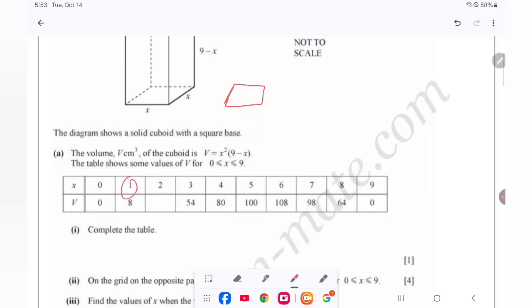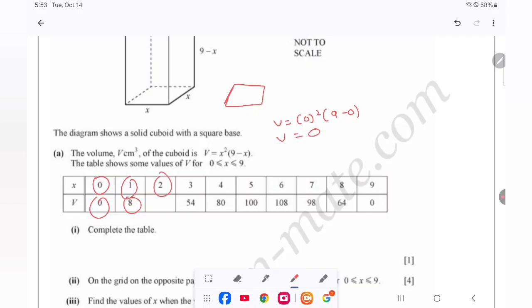When we put 1 in the place of x, we get the value of V is 8. When we put 0, we get the value of V is 0, like x is 0, squared, 9 minus 0, it will give you 0. So at x equals 0, V is also 0.